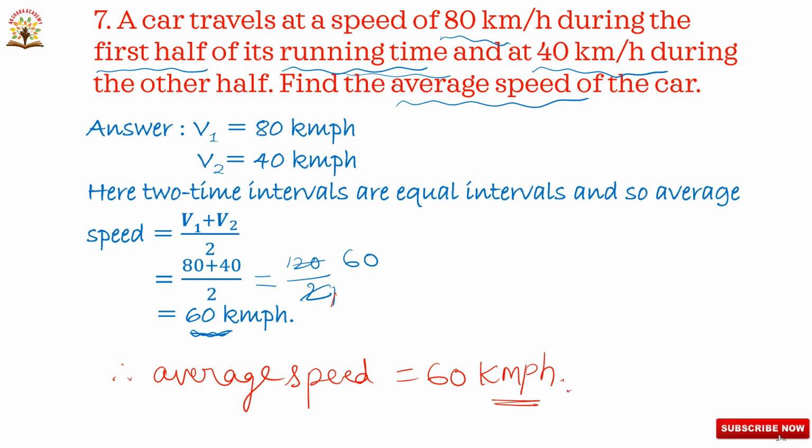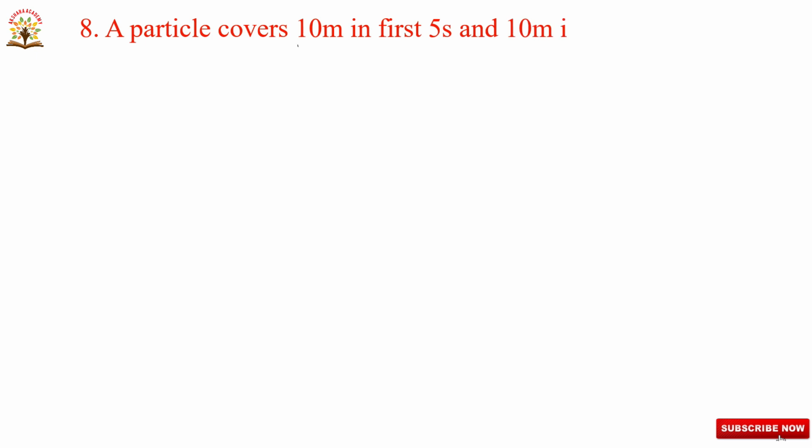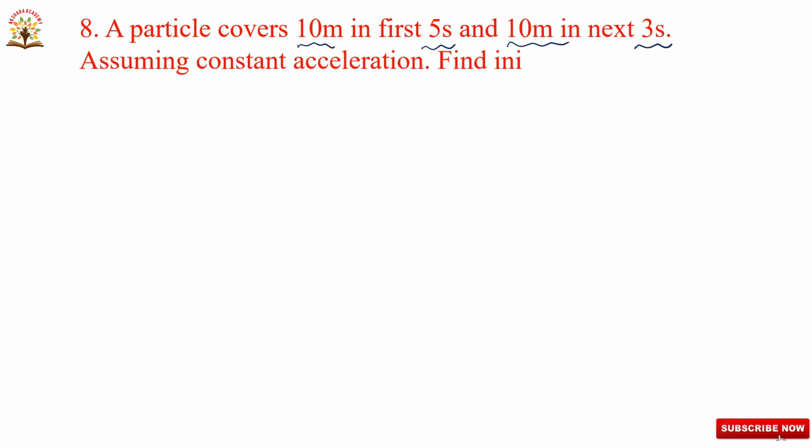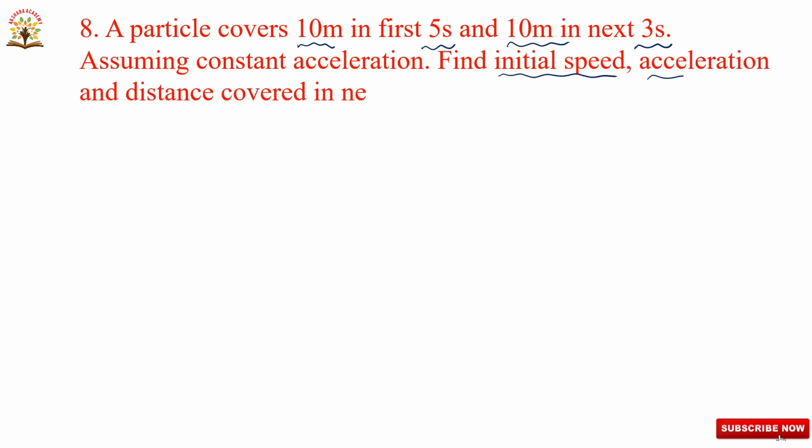Okay. Next we'll go to the next question. Eighth one. A particle covers 10 meters in the first 5 seconds, 10 meters in the next 3 seconds, assuming constant acceleration. Find initial speed, acceleration and distance covered in the next 2 seconds.